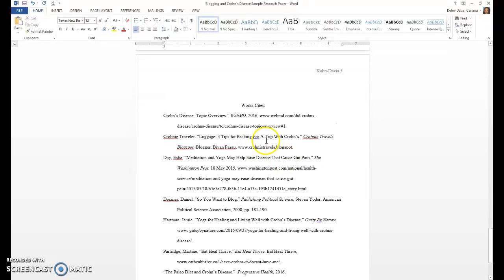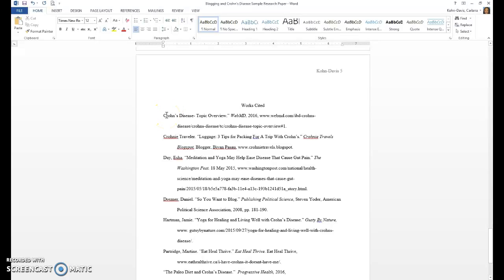So notice this particular source does not have, I'm looking because I'm seeing if this is in the right order. Okay, it looks like it. Okay, so this particular source does not have an author. So I am going to put it in alphabetical order according to what is here.